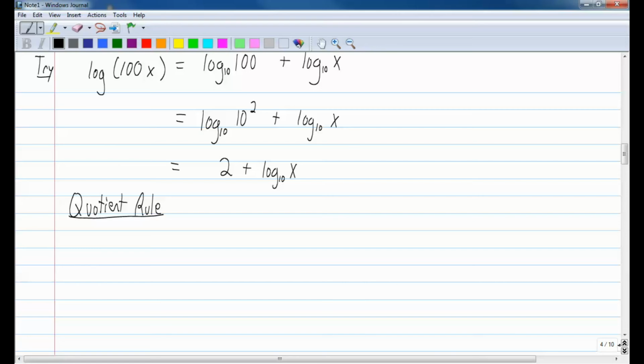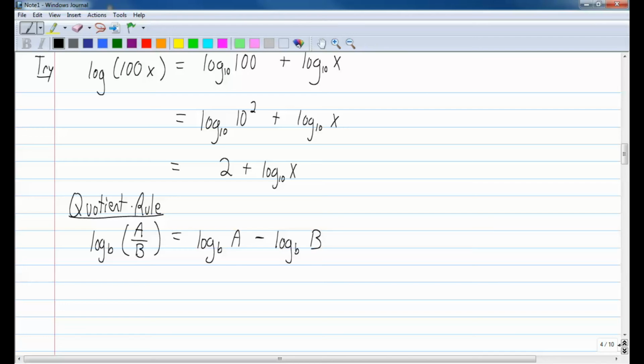Alright, the quotient rule for logarithms says that if you have the log of a quotient or a fraction, a term over another term, that's equal to the logarithm evaluated at the top term, or the numerator, minus the logarithm evaluated at the bottom term, or denominator.